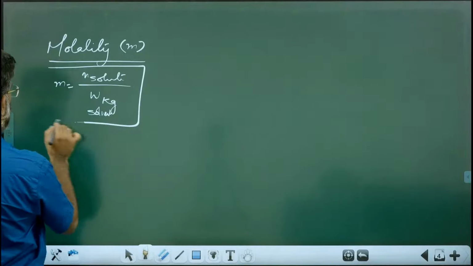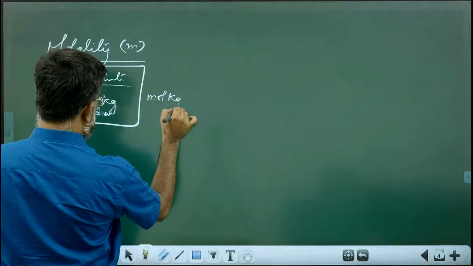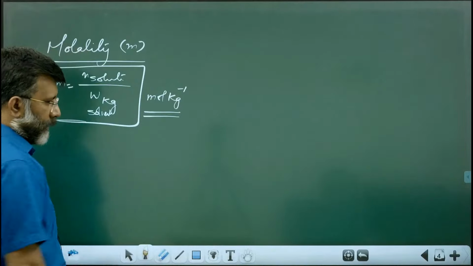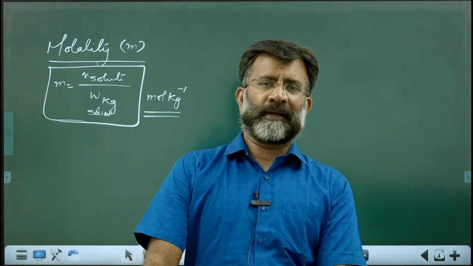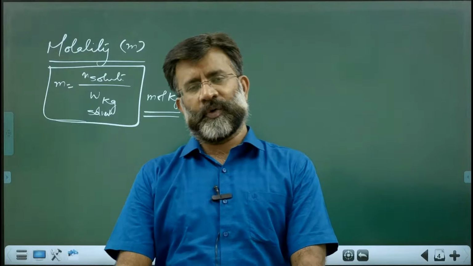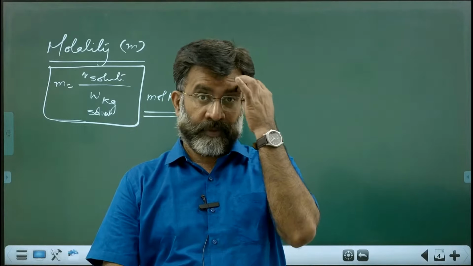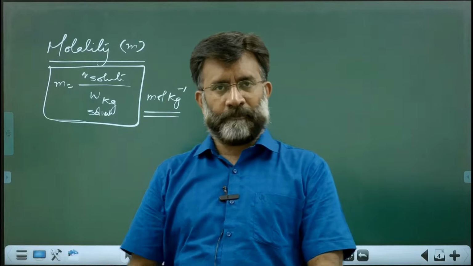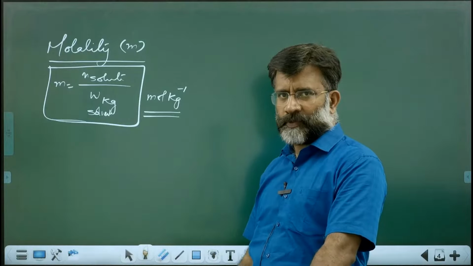This is molality and the unit will be mole per kilogram. Molality is number of moles of solute per kg of solvent. Molality is a highly used term in the concerned chapter.